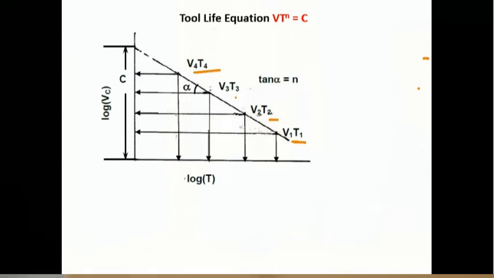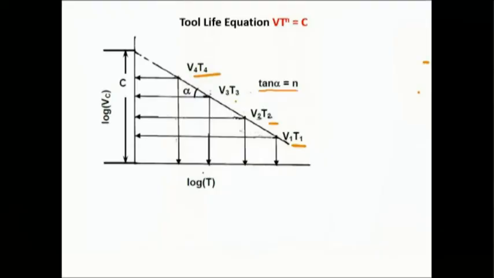Here the x scale is log t and the y scale is log Vc. This is a straight line, and the slope of this straight line is tan alpha equal to n.